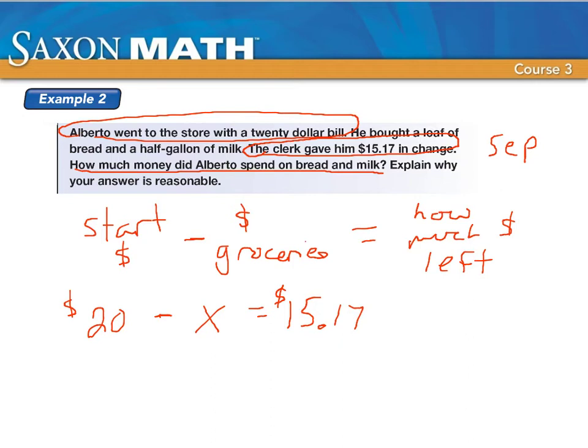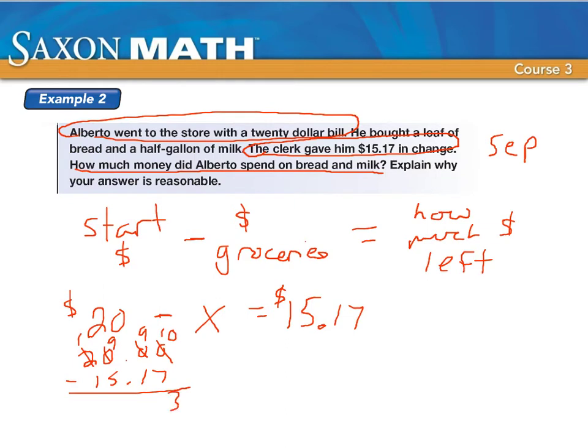Okay, there's a couple different ways we can solve this. We can kind of guess at it, or an easier way is to go ahead and take the money he started with minus his change. So I'm going to take $20 minus $15.17 and see what we get. Okay, so subtracting here, we got 10 and we're going to borrow, and we got to borrow again, and we got to borrow again.